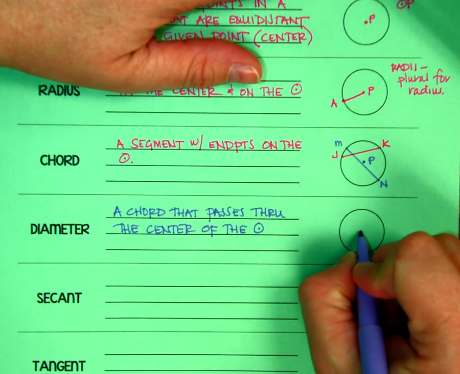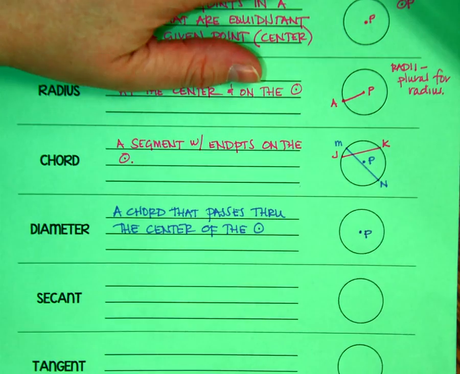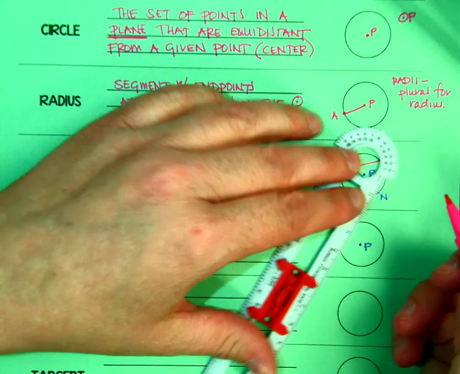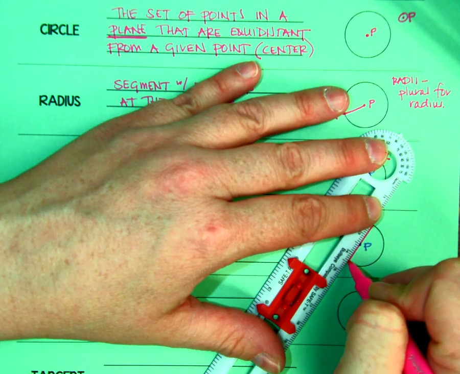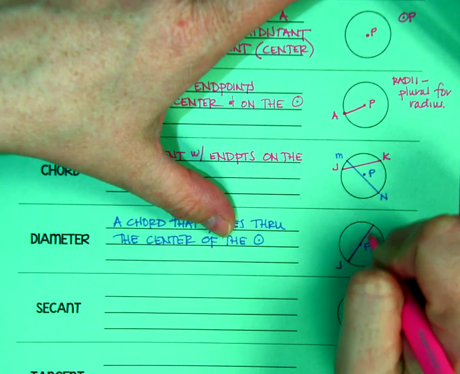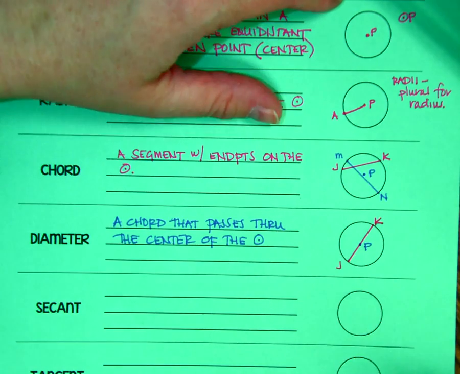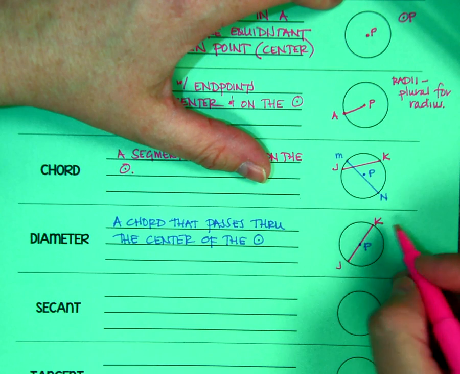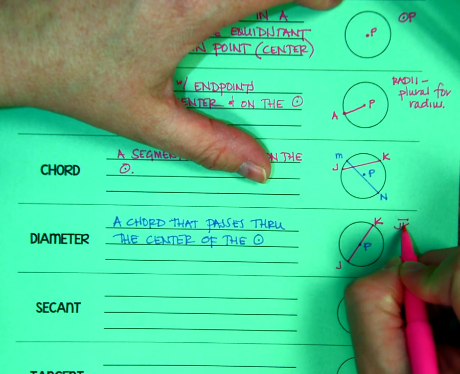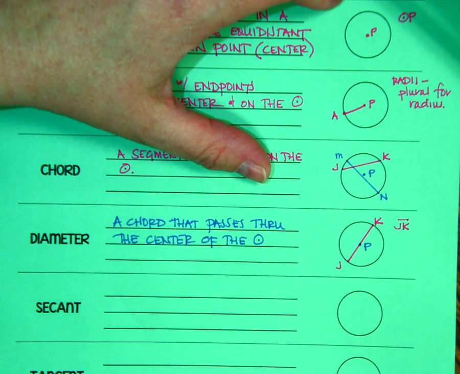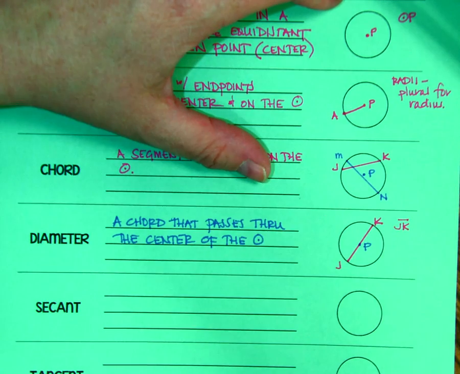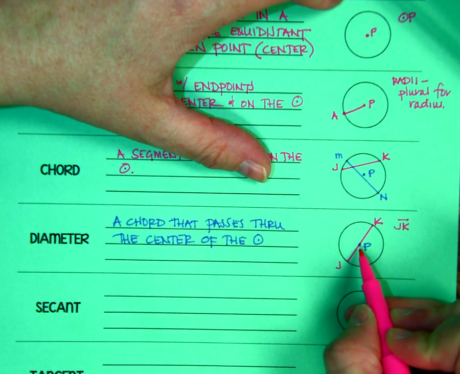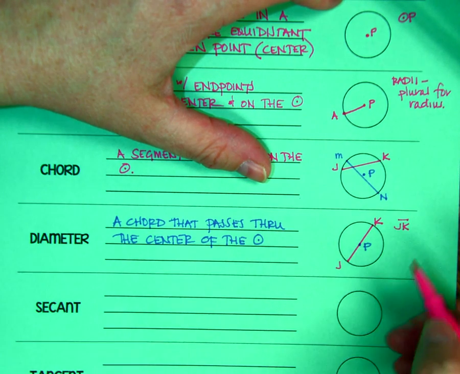So if this is circle P, and I have a chord that goes through the center, name this J and this K again. This is chord, or segment, JK. Just like what we've done in the past, when you are naming a segment, you use 2 letters and 2 letters only. You do not use the center as a point.